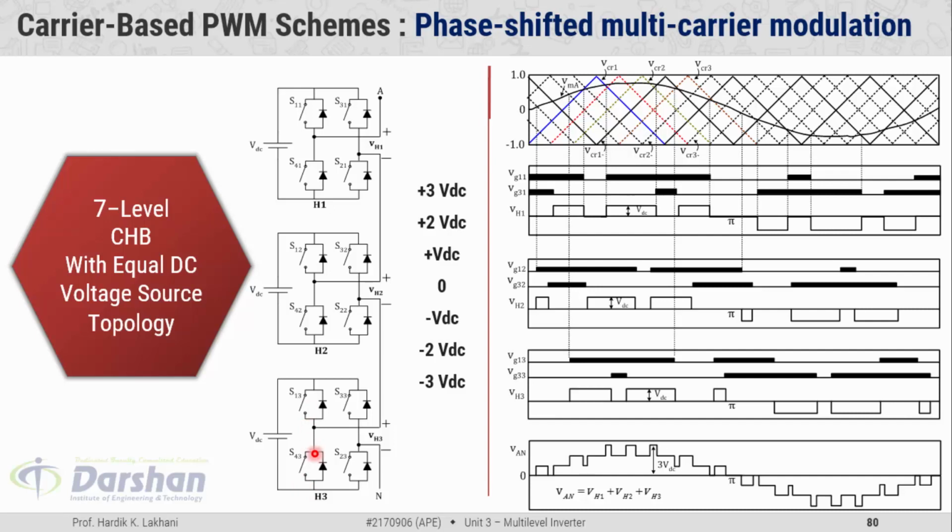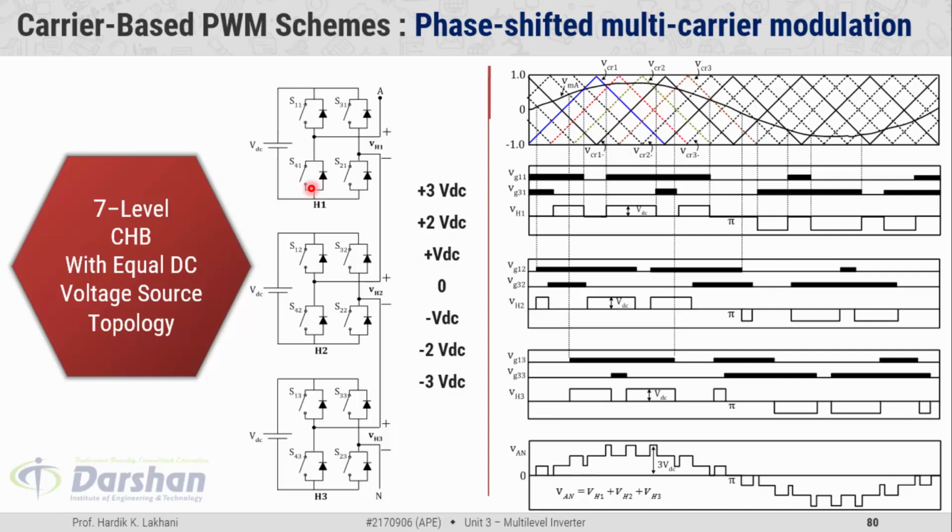This states that when switch S11 is in the on-state, then switch S41 should remain in the off-state. Similarly, when S11 is in the off-state, then S41 should be in the on-state. This is the meaning of complementary manner.